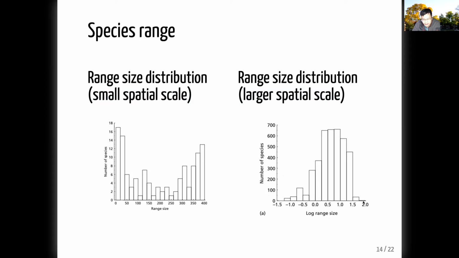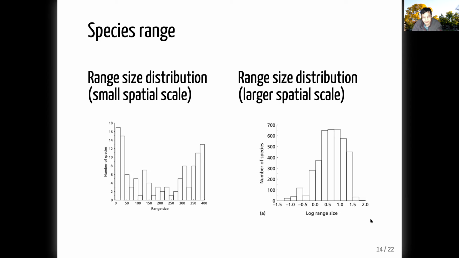There are few very common, say worldwide distributed species, and relatively few species that are only observed in a tiny area. So that's how the range size is distributed across different scales.